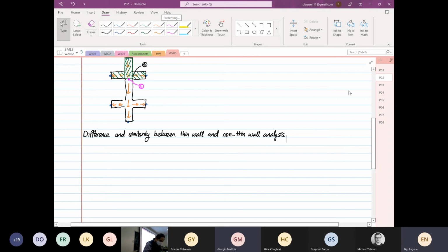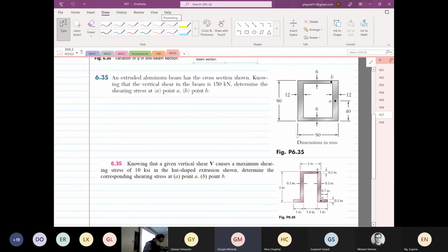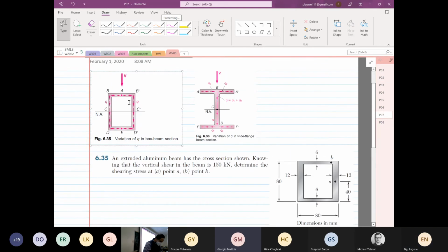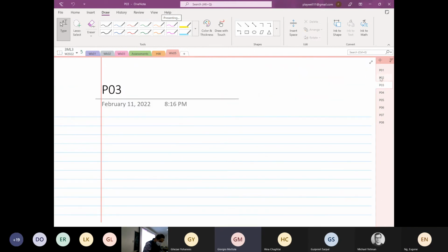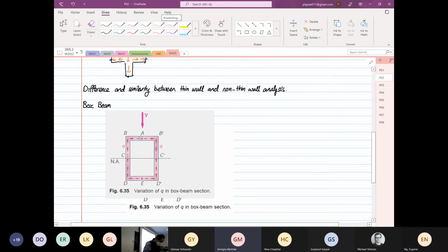So let's consider the box beam first. I'm going to copy the image of the box beam again.